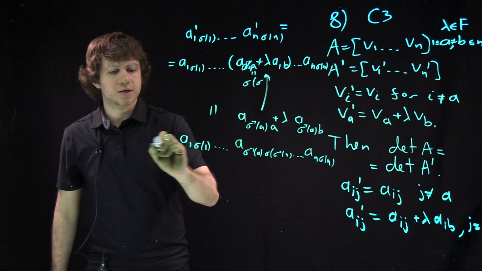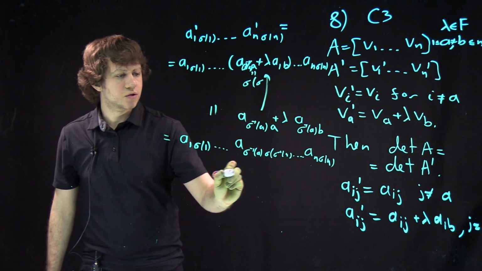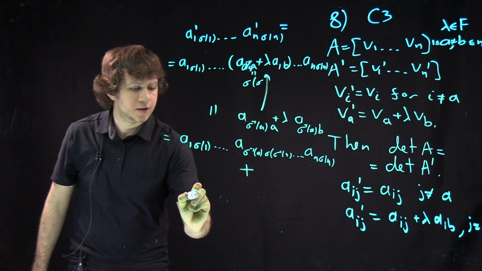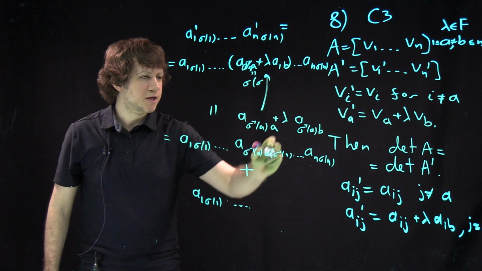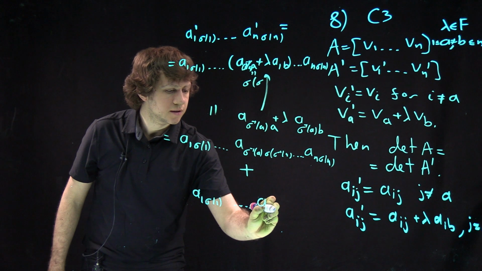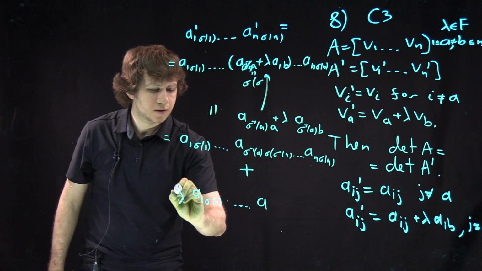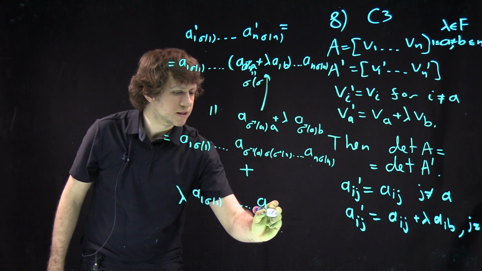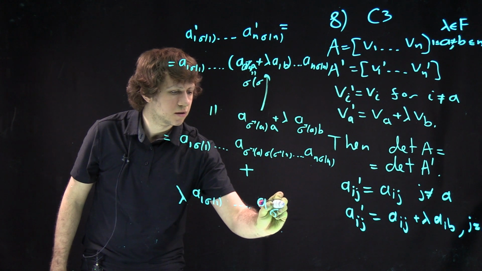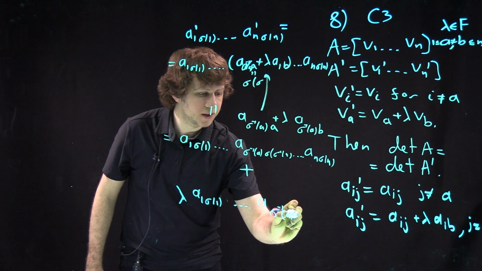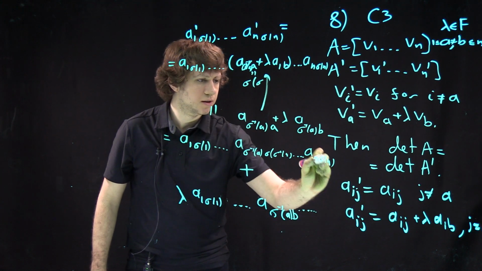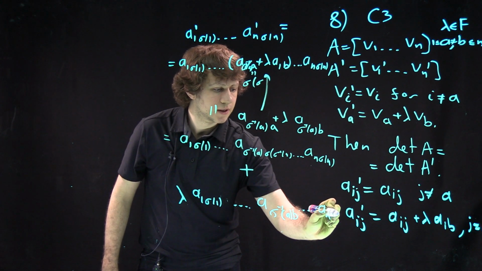And then you plus A1 sigma of 1 to lambda A sigma inverse of a, b, to An sigma of n.